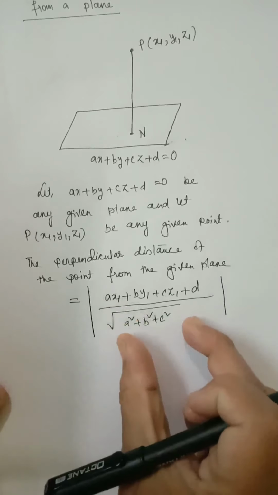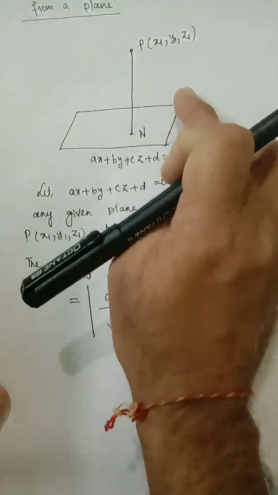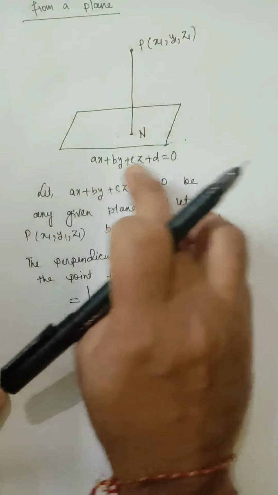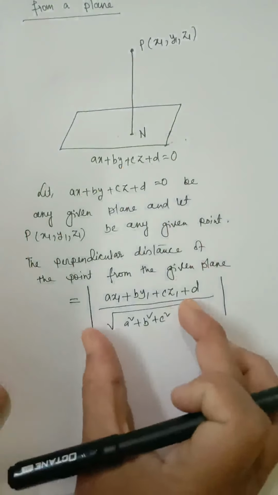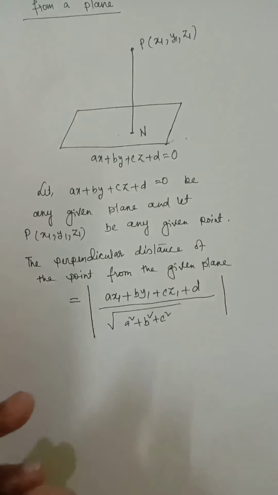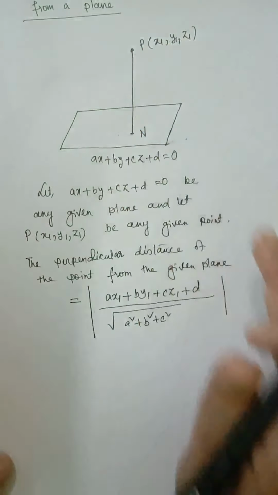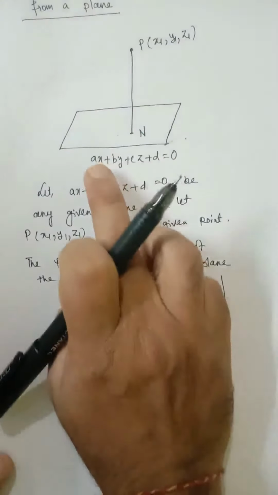So this is the perpendicular distance of the point P(x1, y1, z1) from the given plane. Now the proof of the theorem is given in the NCERT book, not so difficult, simple, you can go through it, but you have to remember this particular formula. This is the perpendicular distance of a point from the plane.